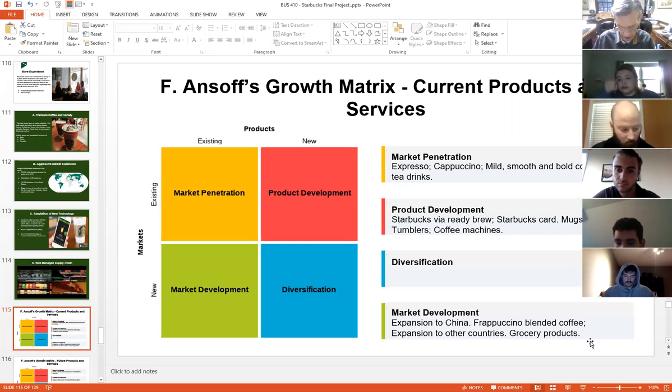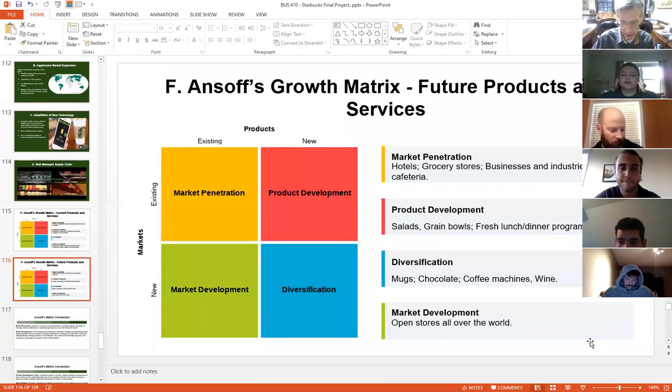Sure, they've got tea and they've got crumpets and stuff, but this is a coffee shop, and diversification has not been a big part of Starbucks' strategy. Market development sure has, and product development has, and market penetration has.